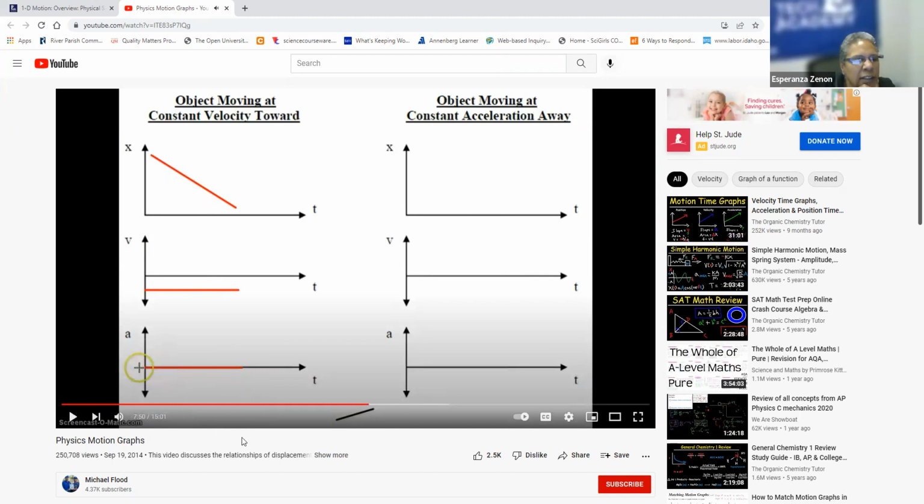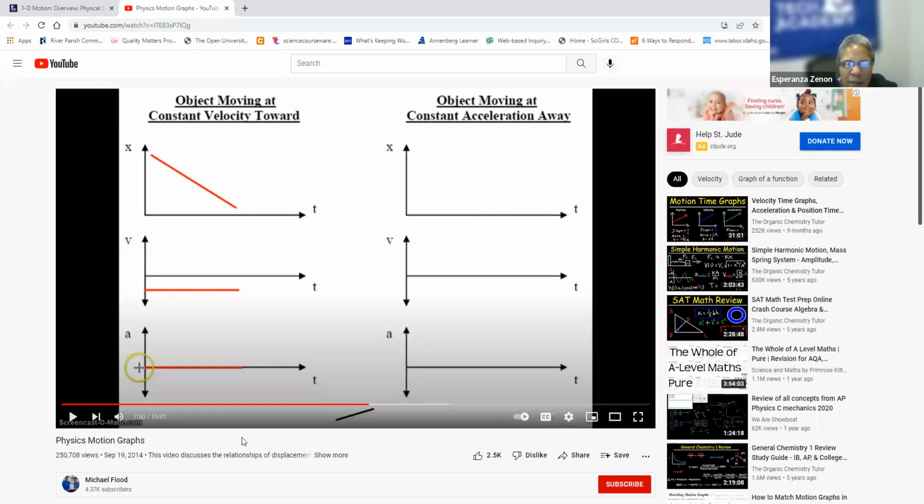Okay, so this second set of graphs is still dealing with constant velocity. Remember, you're on cruise control, pointing in the same direction at all times. But in this particular instance, remember, with respect to our starting point, the object is coming back toward the starting point.